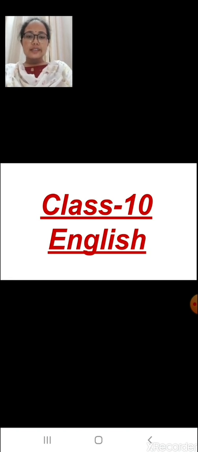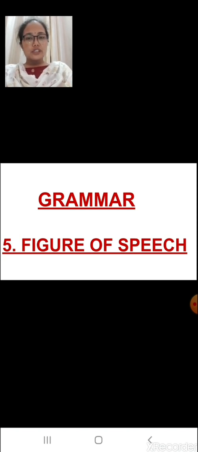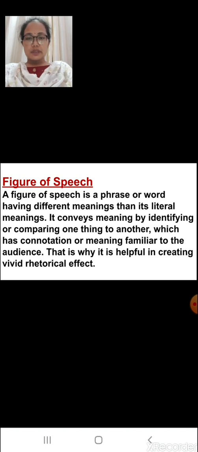Children, in today's class, we are going to start with a new topic of grammar, that is the fifth topic, figure of speech, which is also known as literary devices or poetic devices. But before starting figure of speech, let us first know what is a figure of speech.